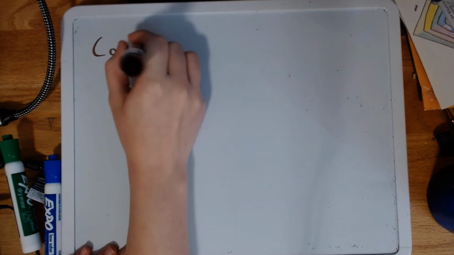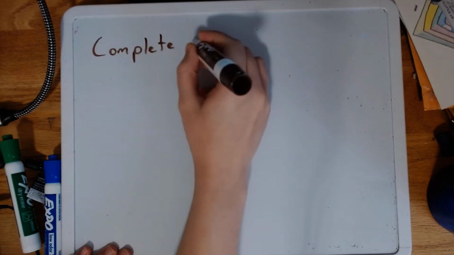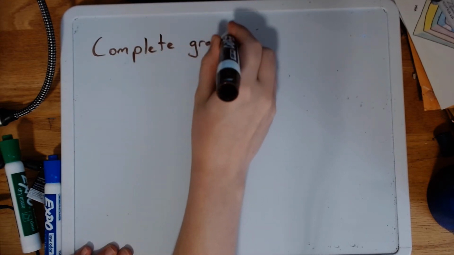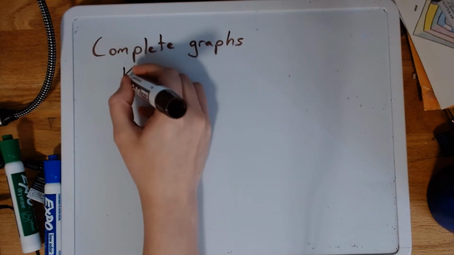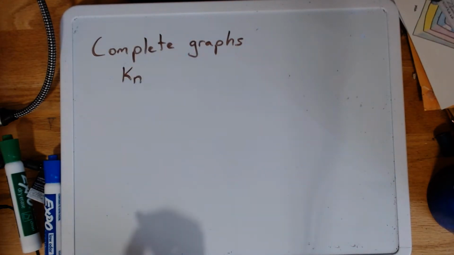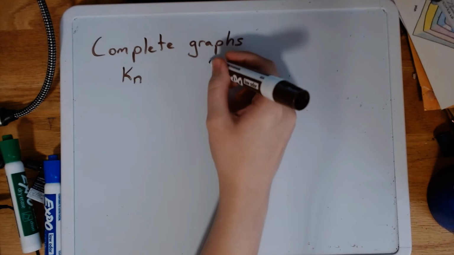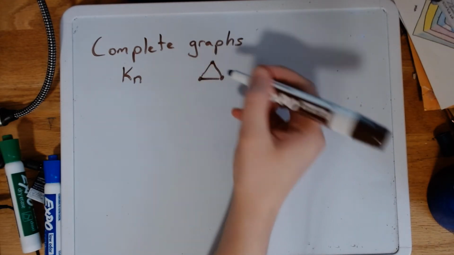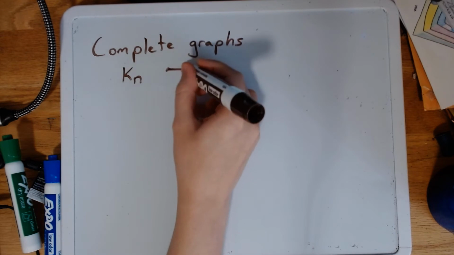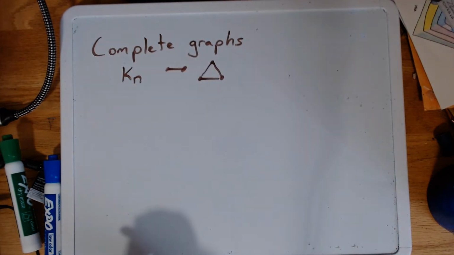So let's start with complete graphs. Complete graphs on n vertices we usually write as Kn. And what do these look like? If n is 3, we get a triangle. Let's back up. If n is 2, we get 2 vertices with 1 edge.